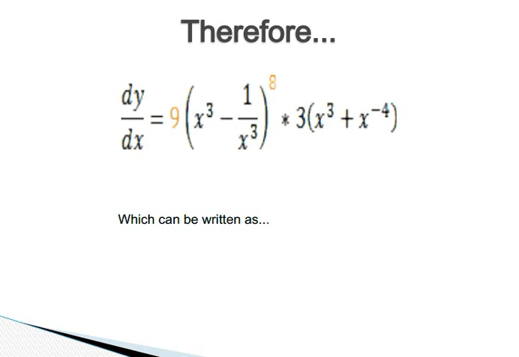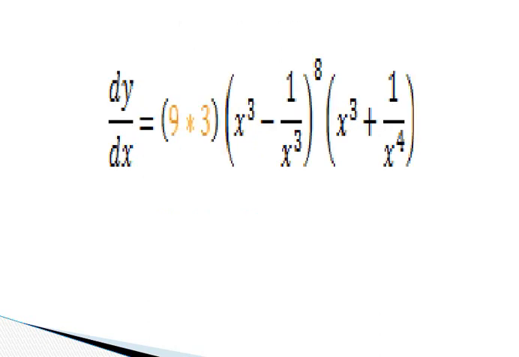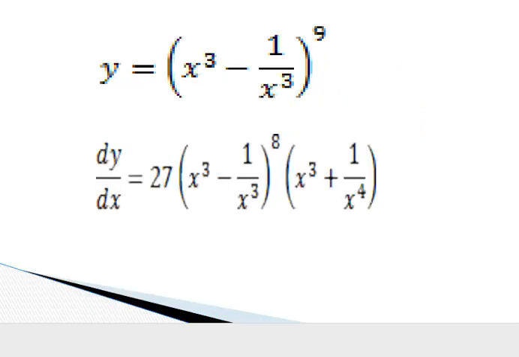Therefore, dy dx equals 9 multiplied by (x cubed minus 1 over x cubed) all to the power of 8, multiplied by 3, which is multiplied by (x squared plus x to the power minus 4). This can be written as 9 multiplied by 3, which is then multiplied by (x cubed minus 1 over x cubed) to the power of 8, which is then multiplied by (x squared plus 1 over x to the power of 4).